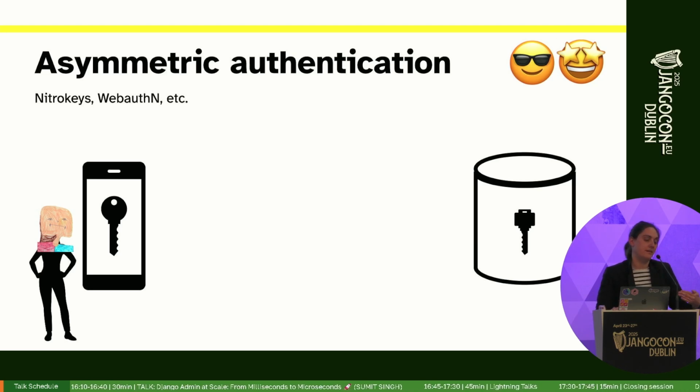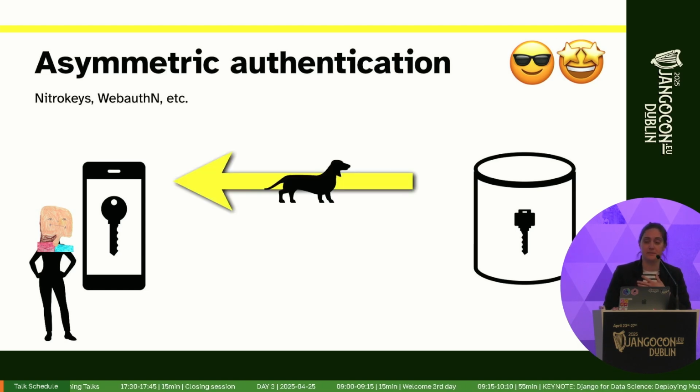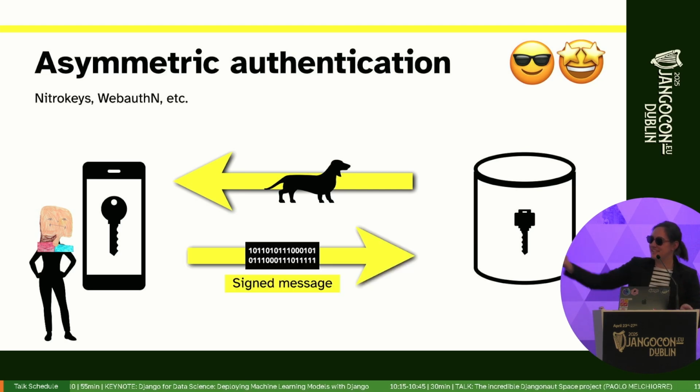So when the star wants to come in, the fanboy says, "It's you! Oh my, I love you. Can you please sign me an autograph, please? On this photo of my dog." And so the star says, "Yes, of course. Here is an autograph." And it's a signed message.